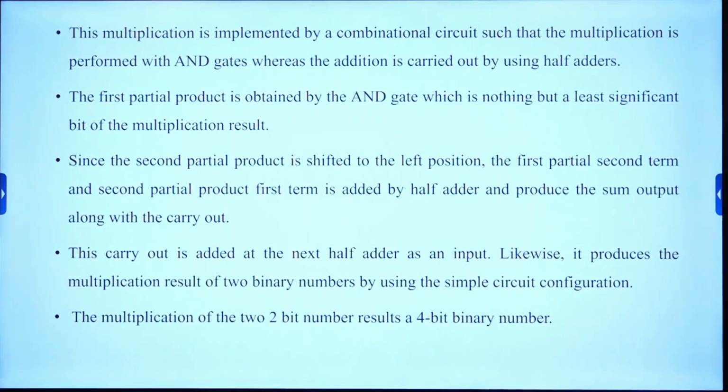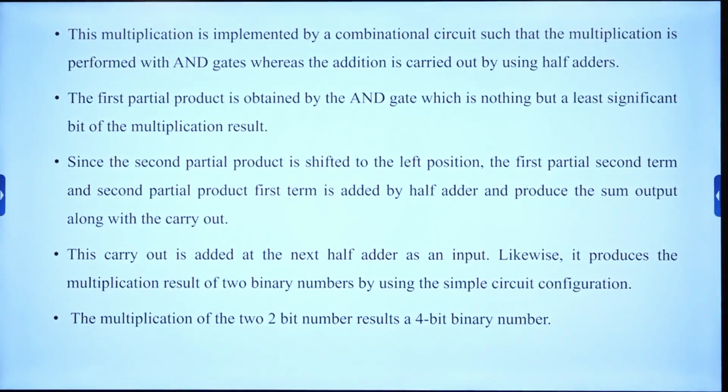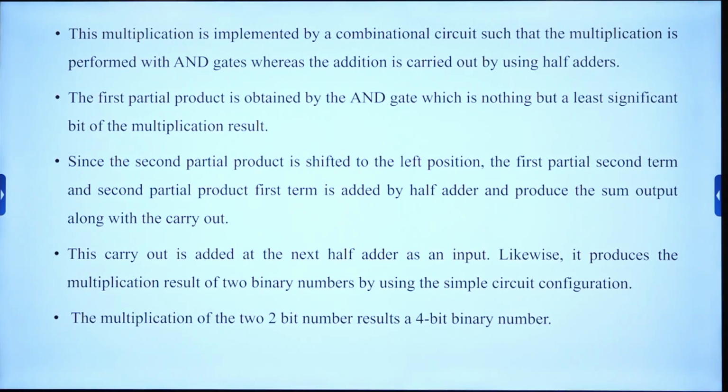So the first partial product is obtained by an AND gate, that is the LSB bit. Directly we are getting the partial product P0, but since the second partial product is shifted to the left, the first partial product's second term and the second partial product term are added by a half adder to produce the sum along with the carry output.